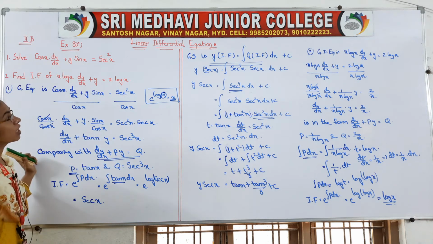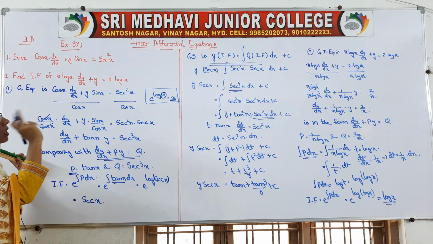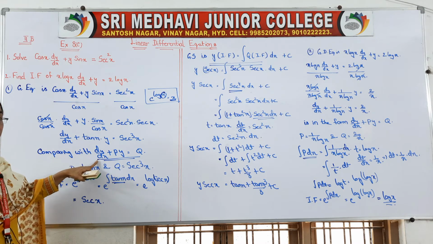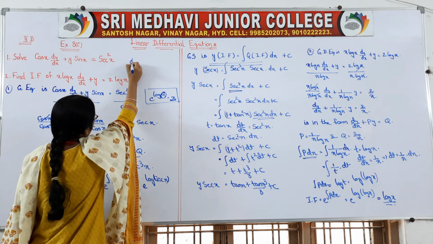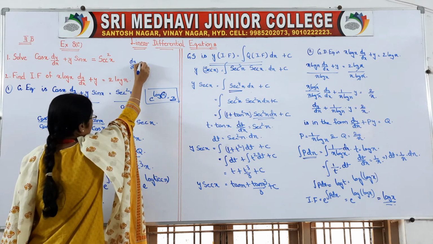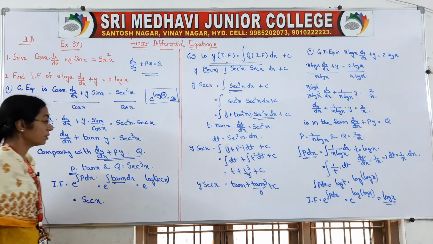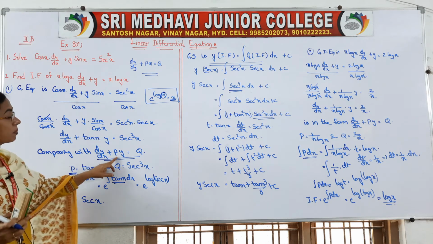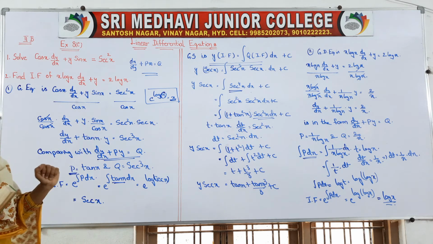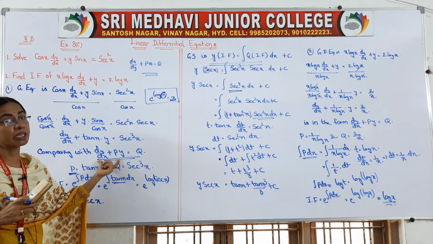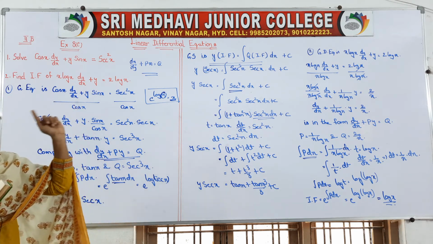Observe, we are doing so many problems. Sometimes it is in the form dy by dx plus py is equal to q. Sometimes it will be in the form of dx by dy plus px is equal to q. This is nothing but the linear differential equation in terms of y, and that is the linear differential equation in terms of x.